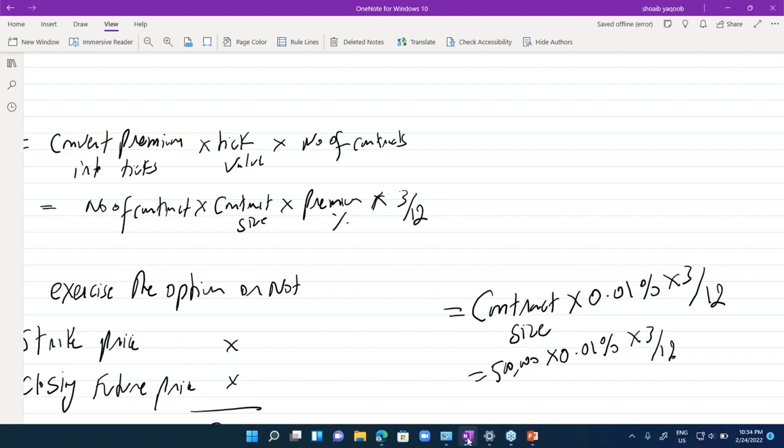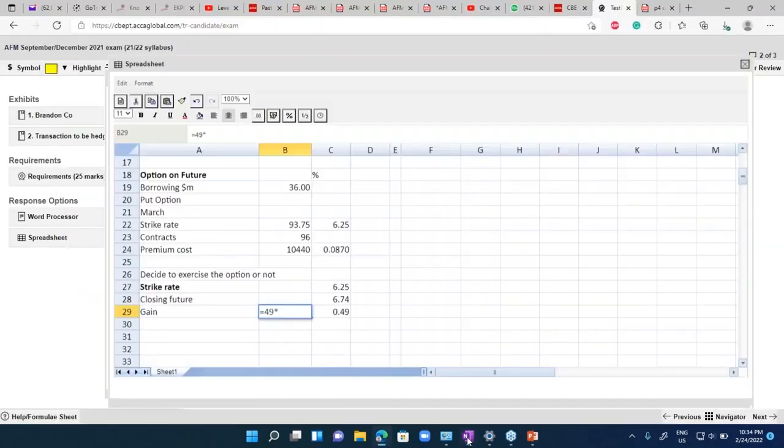There is no logic behind this. It is just the formula to calculate the tick value. I'm explaining both ways. Either you can use the tick value or without the tick value. If you are using the tick value, these are 49 ticks into 12.5 is the tick value into number of contracts are 96, 58,800.